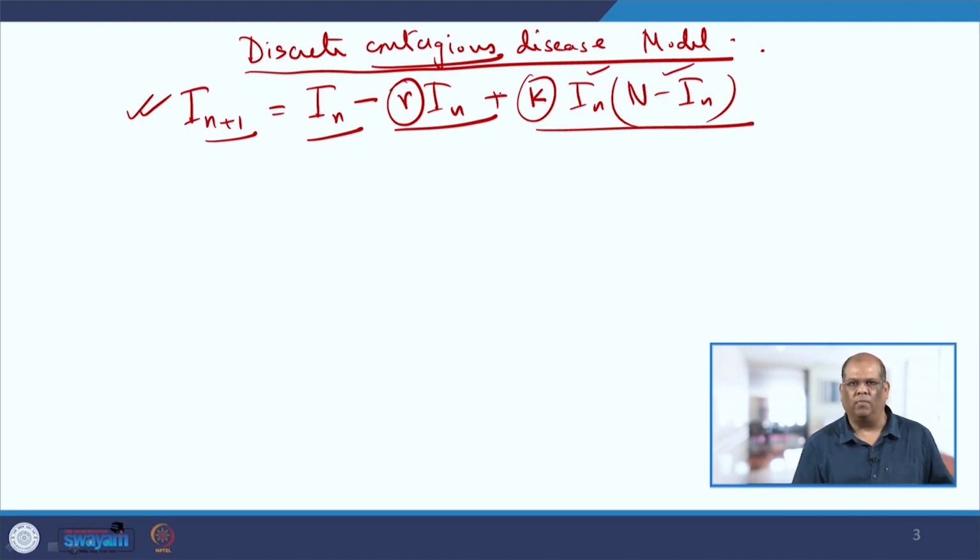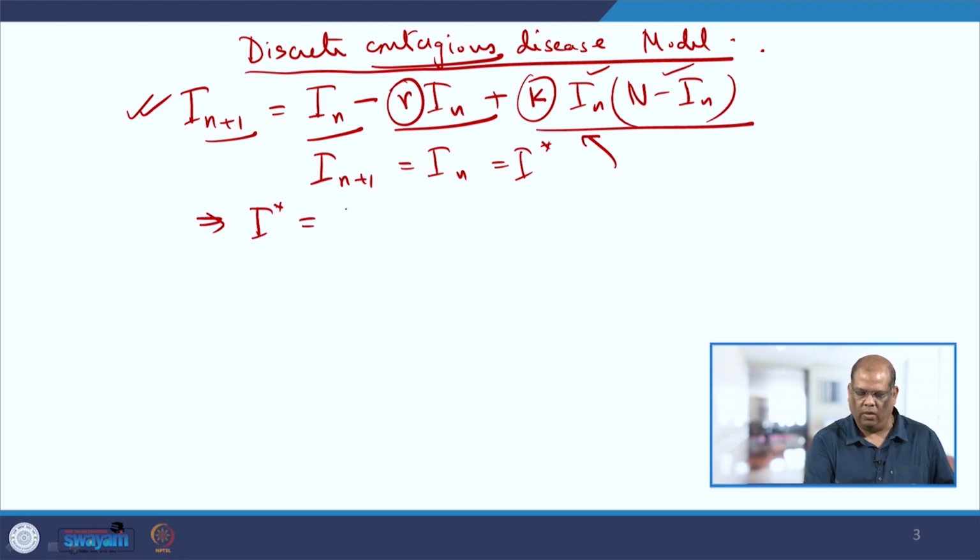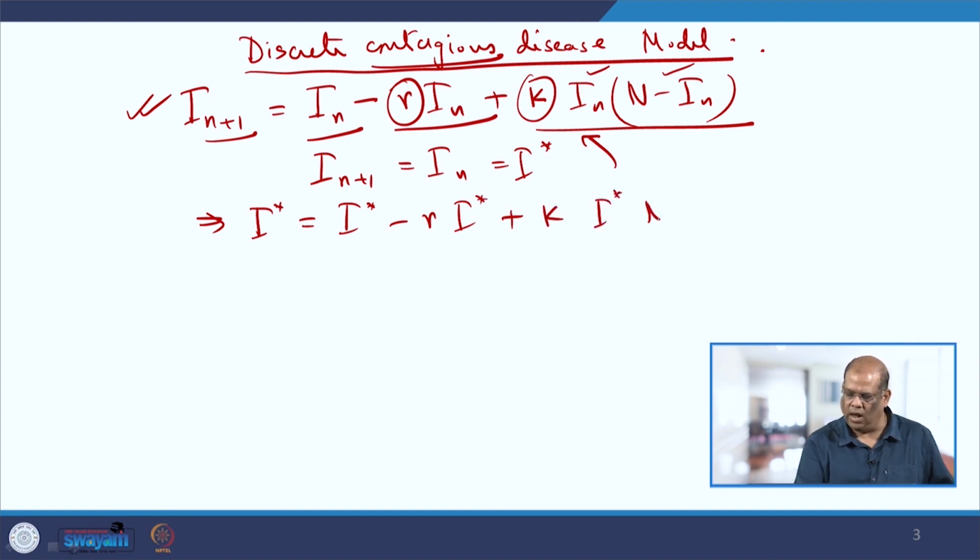So, once you get the model, you have to calculate the equilibrium solution. So, you replace I_{n+1} by I star, and I replace this here. So, this will give me I star equal to I star minus R times I star plus k times I star into N minus I star.